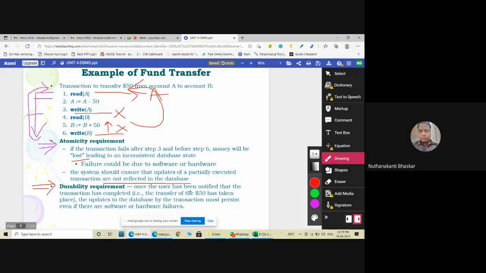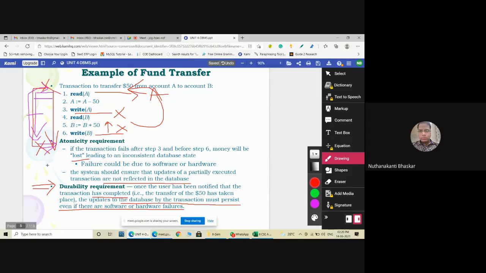Once the user has been notified that the transaction has completed, here $50 is transferred from A to B. The updates made to the database by the transaction must persist even if there are software or hardware failures. Even if any failure happens, the value must be the same.